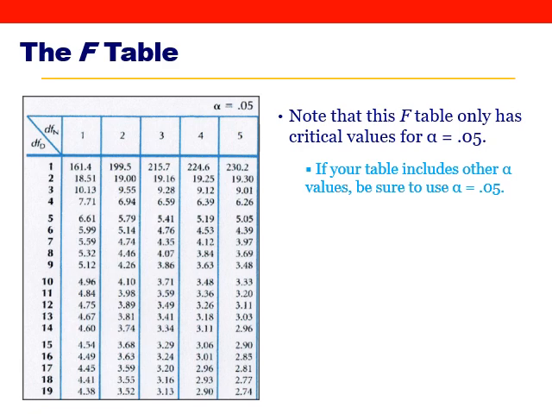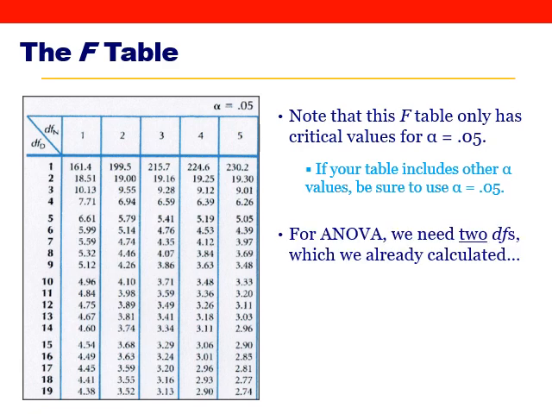One key difference, though, is that for the F test, there's not one, but two degrees of freedom values. First, we have our degrees of freedom between, which is also sometimes referred to as the degrees of freedom numerator. Those are just two different names for the same thing.